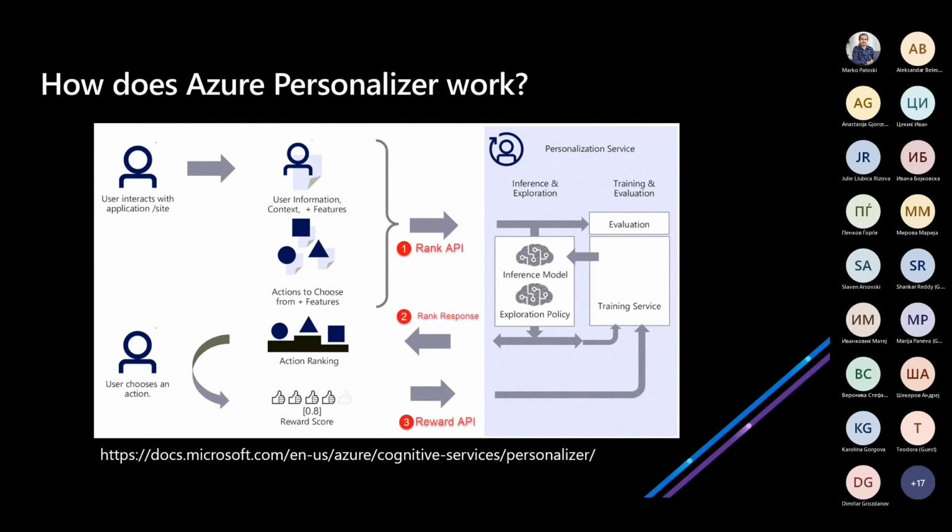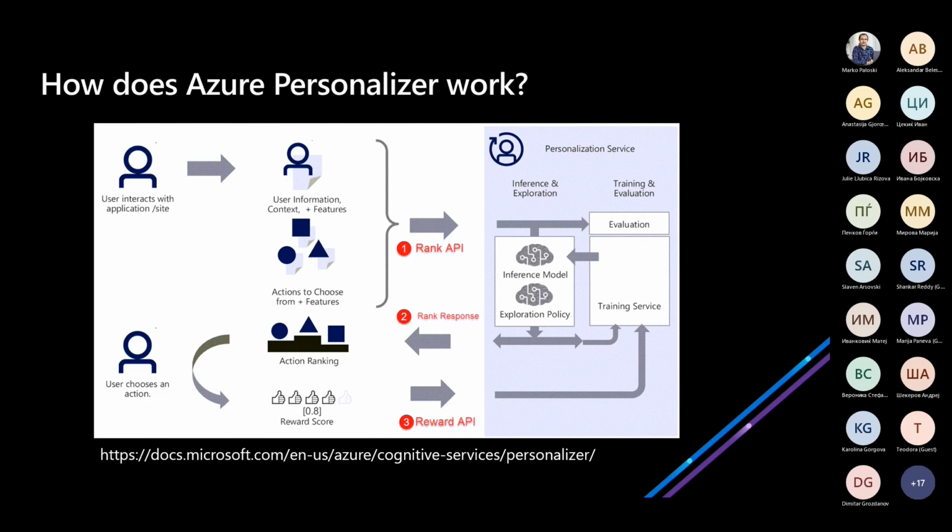So we get a list of the ranked items for myself, for Rodanthi, who is now using the application. After the items are ranked, I get to see the top ranked item, the top ranked news, for example.